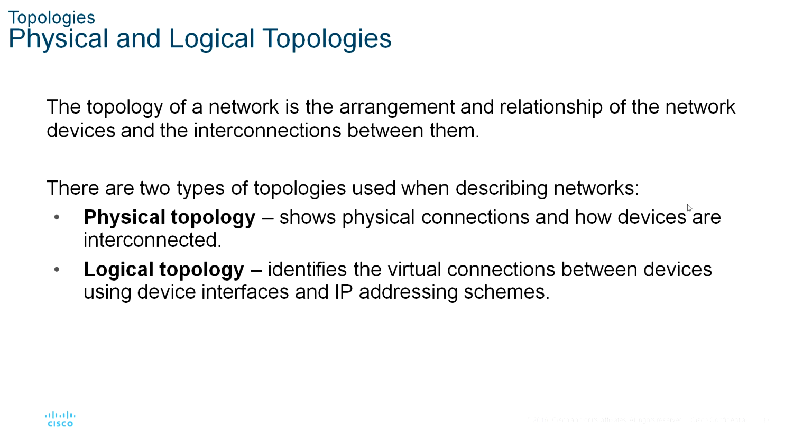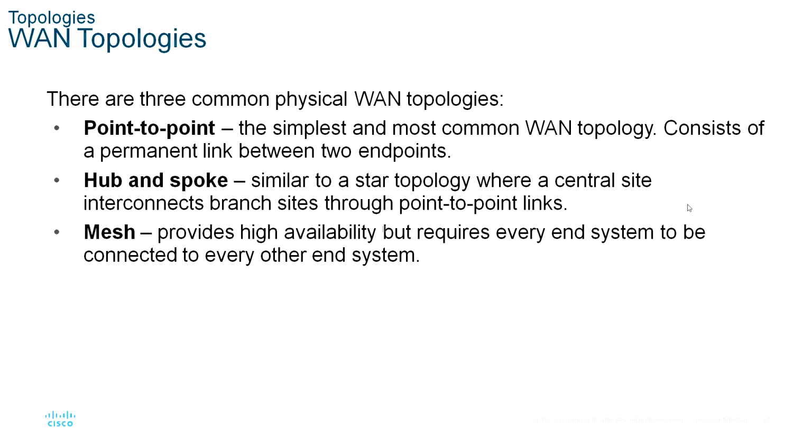Okay, I will repeat again. It identifies the physical connections and how end devices and intermediary devices are interconnected. The topology may also include specific device location, such as room number and location on the equipment rack.